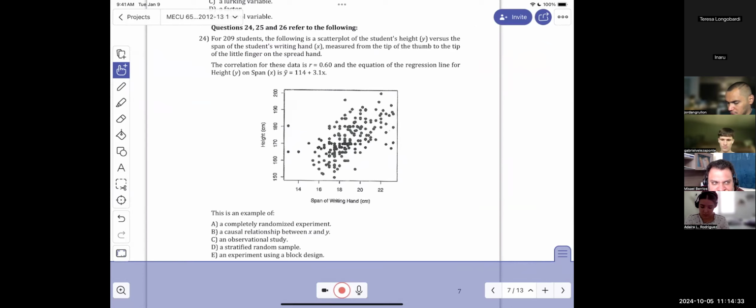Wow, what a description. So that is called the span. It's like making the loser L. I don't know why I am thinking about that. But it's like making that L with your fingers.